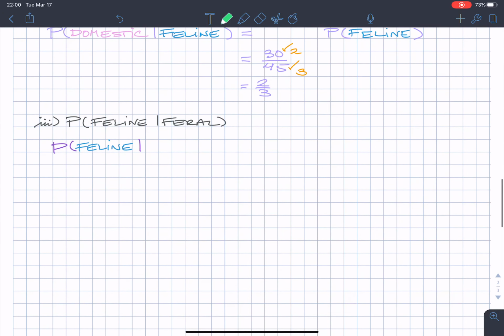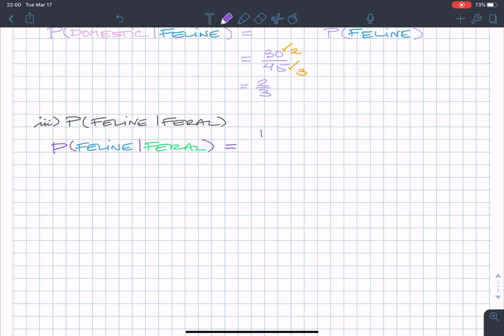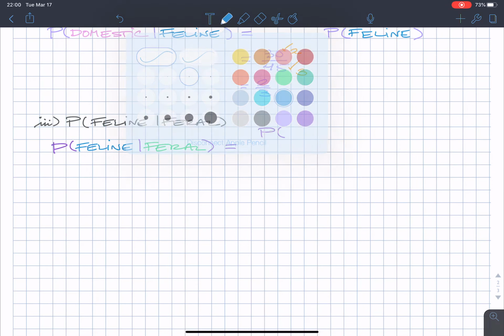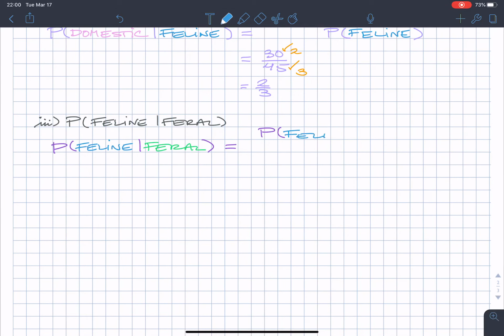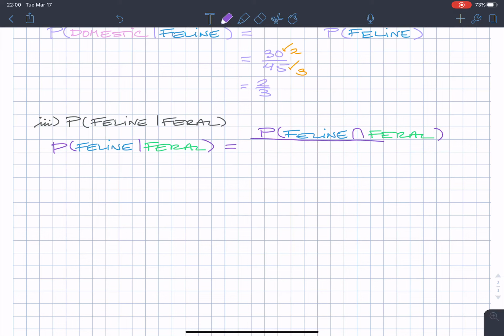Yes, I used green for feral. So that's going to be the probability of being feline and feral over the probability of now being feral, because feral is now what has to happen first.